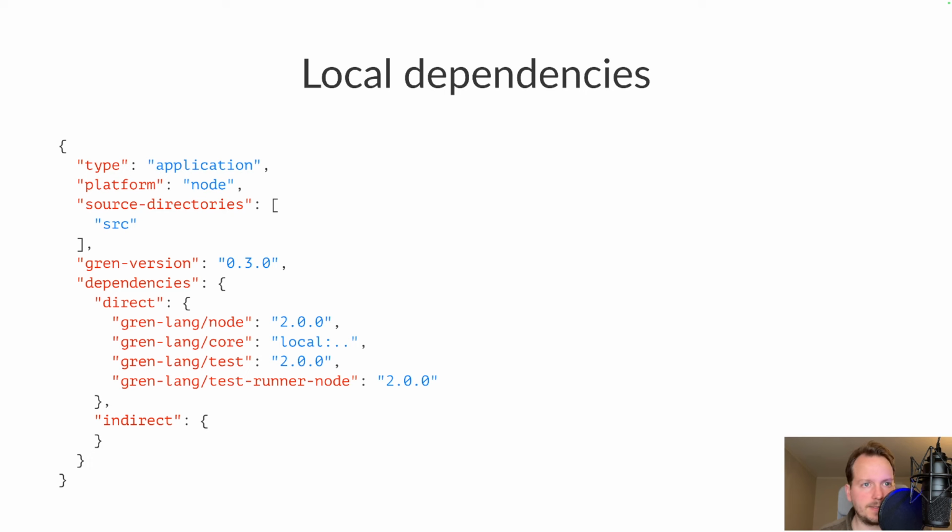So to define tests, you include the test framework and a package for running said tests in Node, and then you reference whatever package you want to test. In this case, it's Grenlang core, and then you have the tests as part of this application. I felt I was talking a bit in circles there, but I hope that was clear enough.